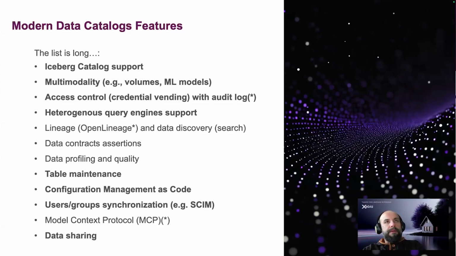Also, the integration with IDPs is automated, like with SCIM protocols, SCM methods. We are also observing that more and more data catalogs support Model Context Protocol. It's the server component that is responsible for bridging your agents or LLMs and your different sources of data, for example, catalogs or databases.